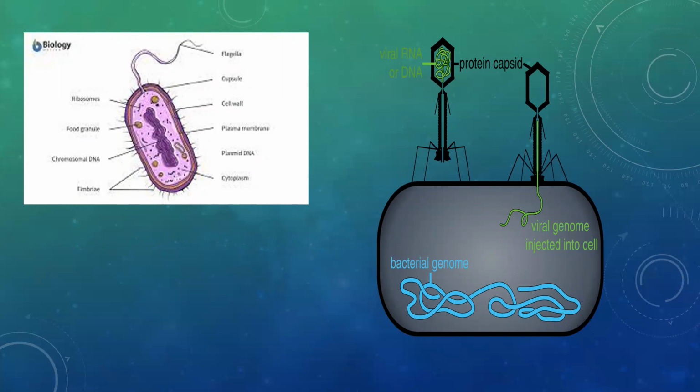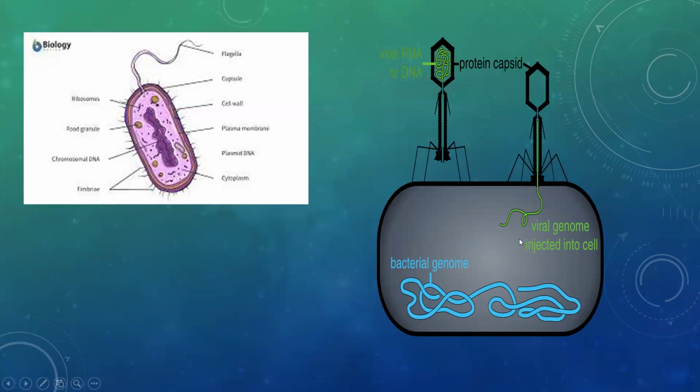To infect the bacteria, these phages should have the capability to attach to the receptors present on the cell wall of the bacteria. Then they secrete an enzyme which creates a hole in the cell wall of the bacteria, through which the nucleic acid of the virus enters the bacterial cell.